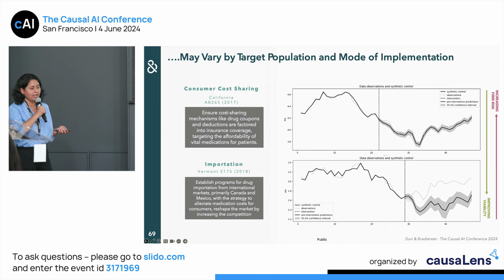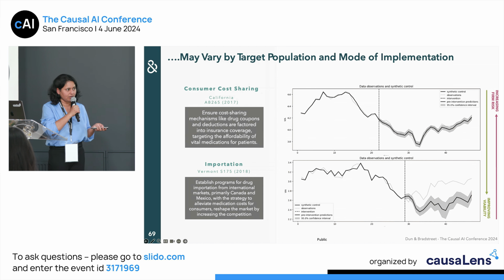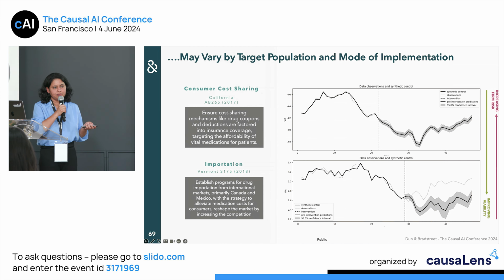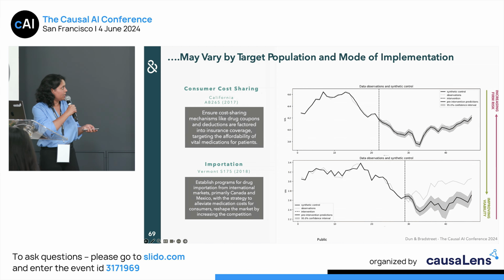So I think this helped them to build an evidence base for the effectiveness of any kind of policy. And then we were able to show them that this becomes very effective when they are trying to implement any kind of regulation.